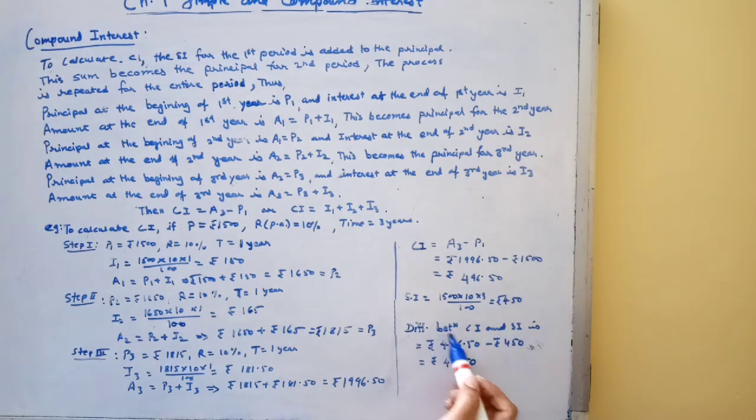Now we calculate the difference between compound interest and simple interest, where compound interest is rupees 496 and 50 paise, and simple interest is rupees 450. Now we subtract these two terms, and we will get the difference between compound interest and simple interest, that is rupees 46 and 50 paise.